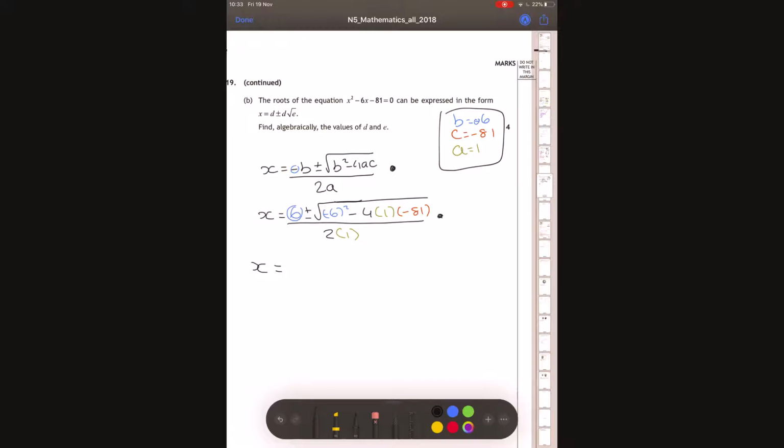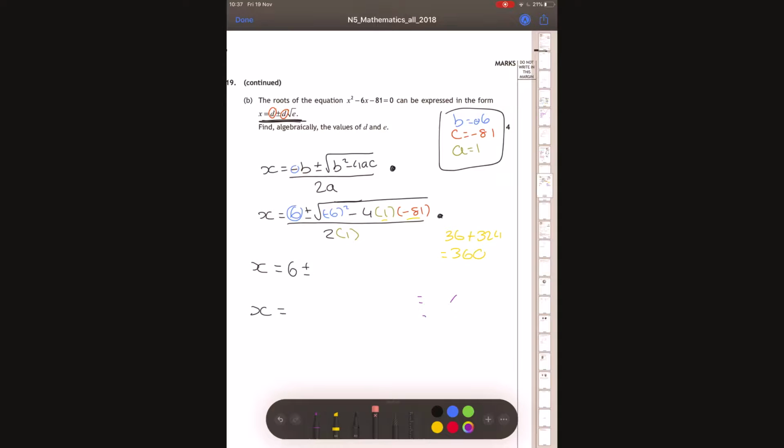So, moving on, 6 plus or minus, now let's work out the discriminant. -6 squared is 36 minus 4 times 1 times -81. -81 times -4 is going to be positive. 4 times 80 is 320, and then 4 times 1 is 4, so that'd be 324.